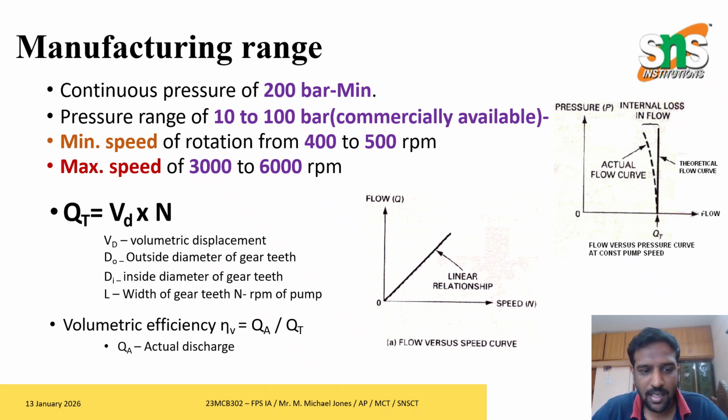The theoretical discharge of the gear pump is given by the equation QT = VD × N, where QT is the theoretical discharge, VD is the volumetric displacement, and N is the number of revolutions. Then we have the graphs shown here: the flow versus speed curve, and the flow versus pressure curve at constant pump speed.